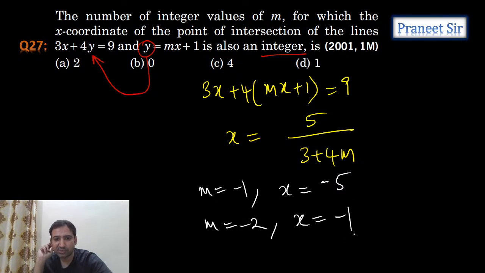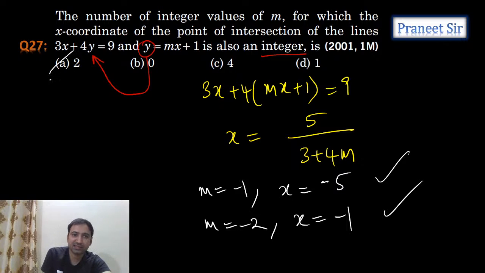Yes, still we are getting an integer. So any other possibilities other than -1 and -2? That's it, right? m = -1 we substituted and we got x = -5. m = -2 we substituted and got x = -1. These are the two possibilities. That's what he is asking: how many integer values of m? So 2 integer values of m. Correct now? So the first option should be the answer, guys.